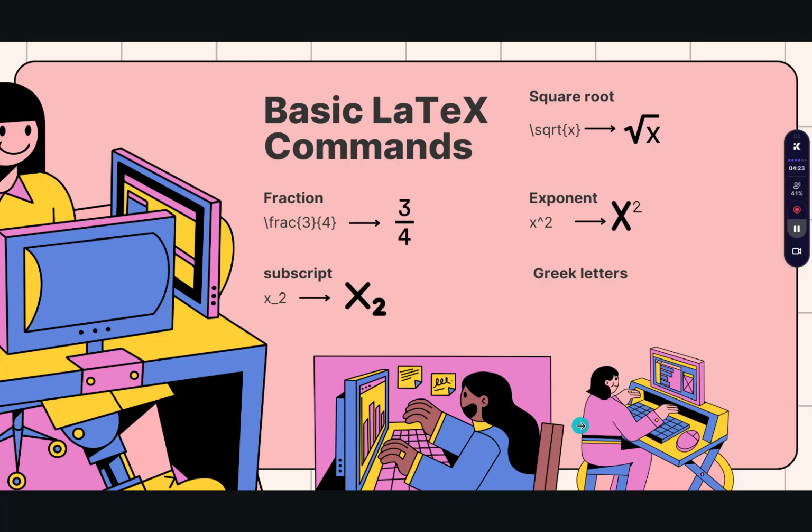And finally, your Greek letters. So we will be using a lot of Greek letters in our engineering and scientific writing. So if you want to write the alpha symbol, you'll use this syntax and you'll get an alpha symbol. You'll write out beta like this to get your beta symbol, gamma, and so on for all of your Greek letters.